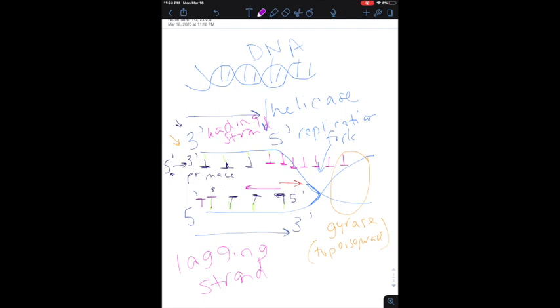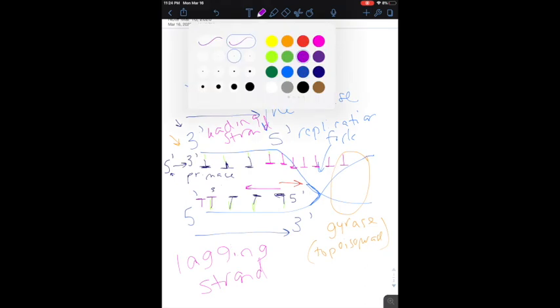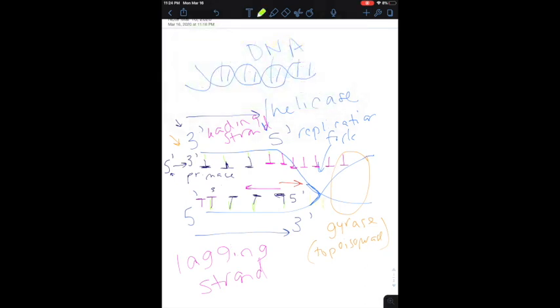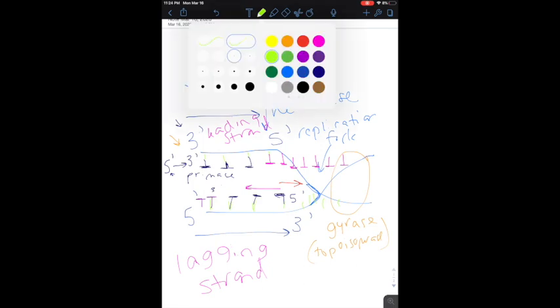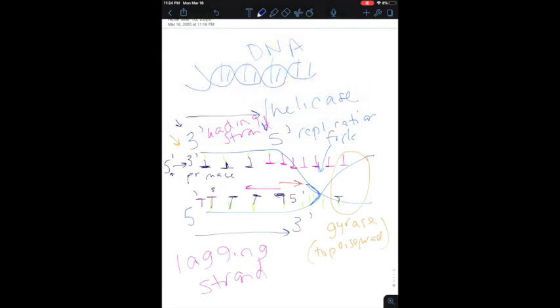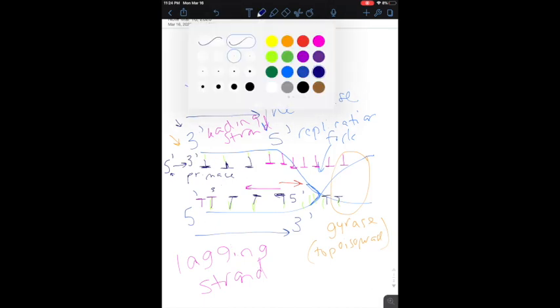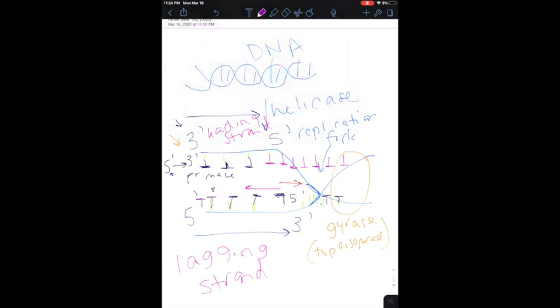So primase is going to have to, I should have made this longer, but let's pretend that those are also on the strand. As the DNA keeps unzipping, primase is going to have to come back, lay down some more primers telling DNA polymerase 3 where to go again, and then DNA polymerase 3 will lay down some nucleotides, but the DNA is still moving, so then it's going to leave a fragment because it needs to move along with the DNA as it's unzipping.